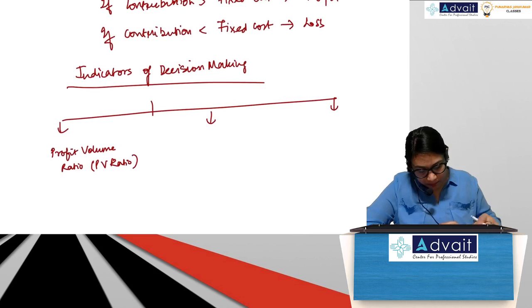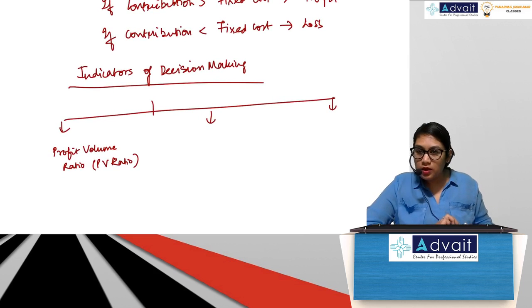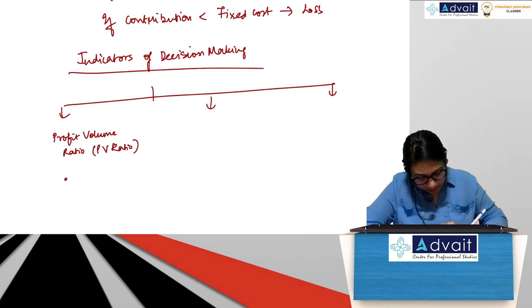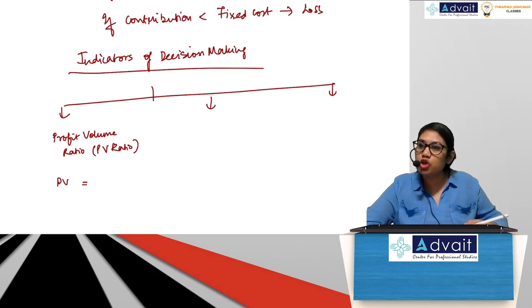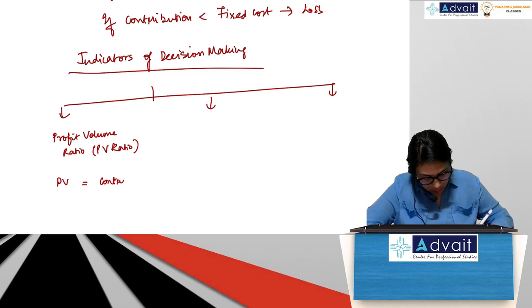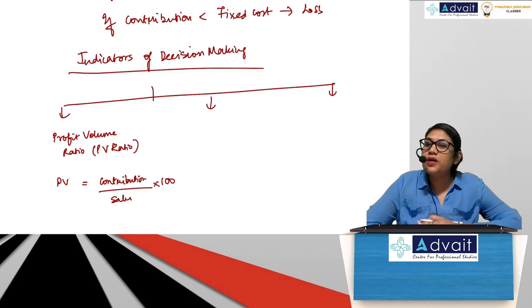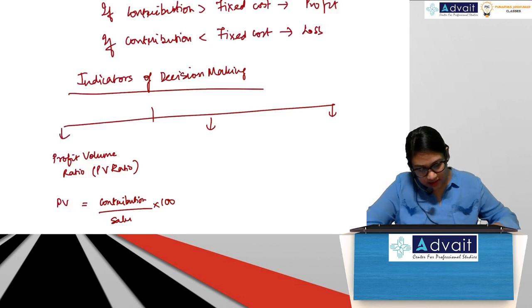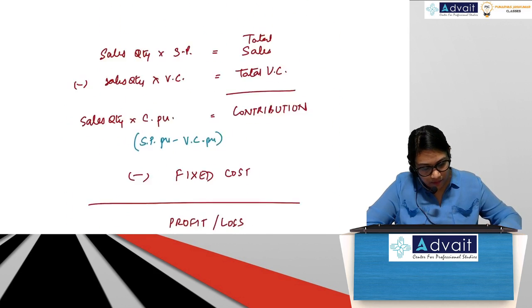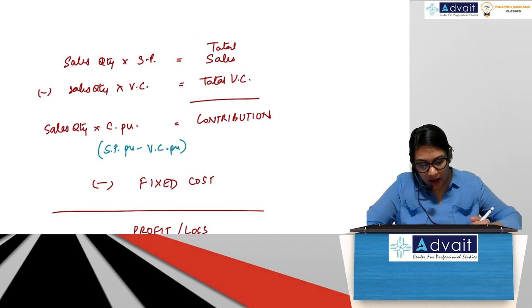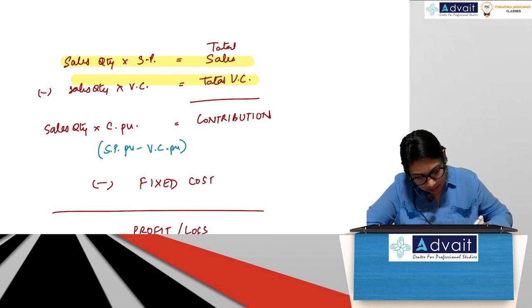So what is PV ratio? PV ratio is nothing but the percentage of contribution on sales. See this here, from this particular part.